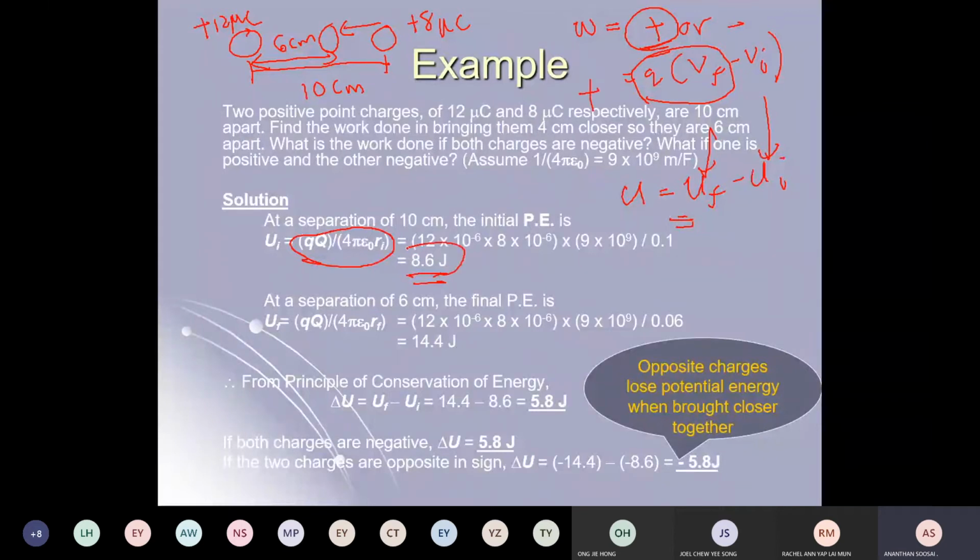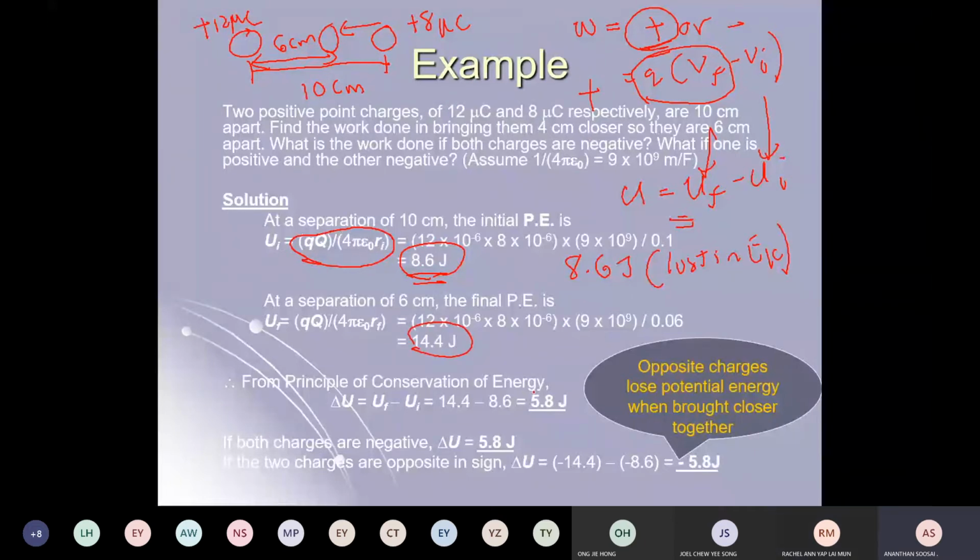Of course, the work done is positive. The potential energy gain will be positive also. Potential energy is gained, kinetic energy is lost. Kinetic energy should be lost by 8.6 joule. So this is the initial potential energy, and this is the final potential energy.